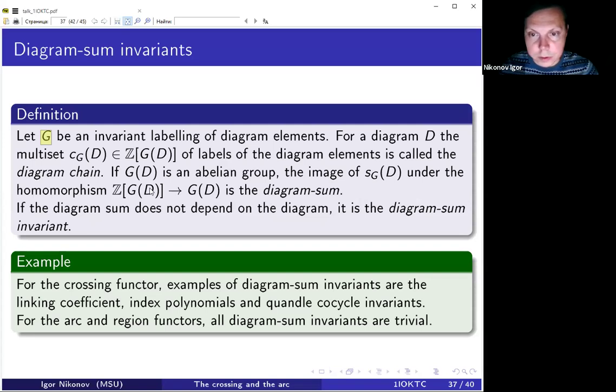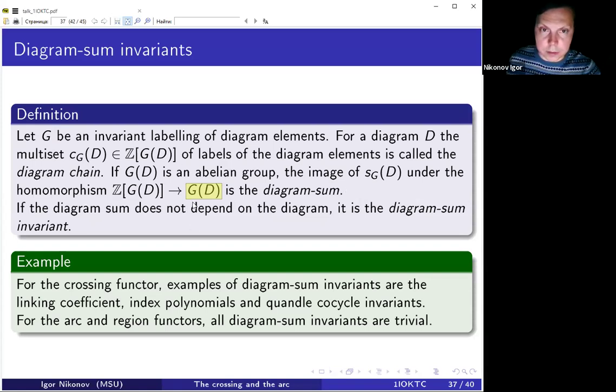So you have a multi-set of values, and if G has an additive operation, then you can map this multi-set to G, take the sum of these values. And the value is a diagram sum.